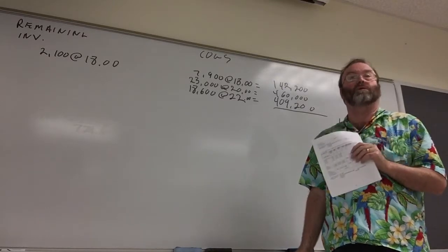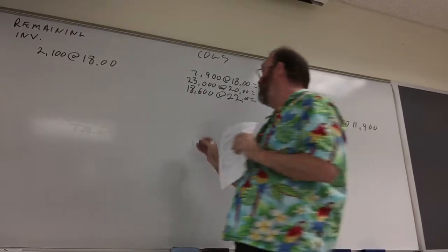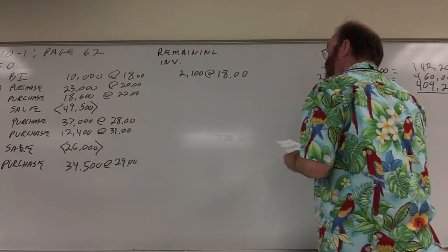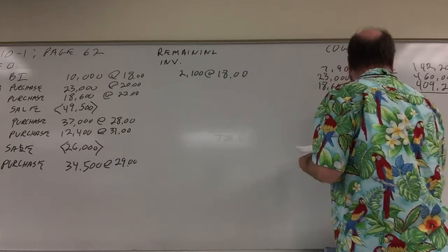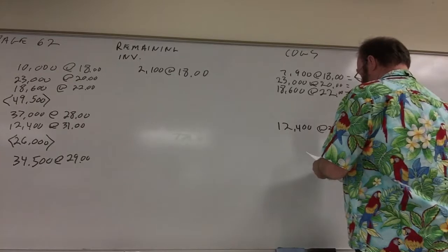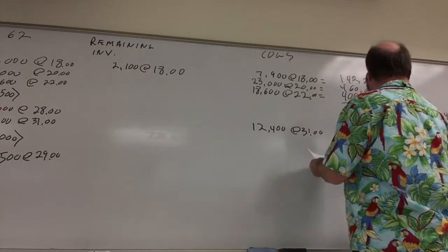Under LIFO. So we're going to sell the 12,400 at $31. And that's 384,400.